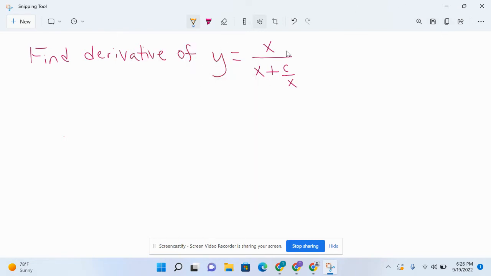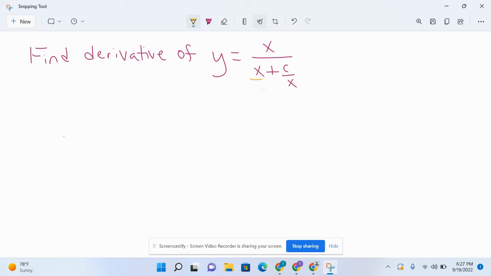See, if I was given this original problem to find the derivative of, I would try to clean it up. I would try to make this into one fraction. And the way I could do that is, if I'm looking at the bottom, I could get a common denominator first.